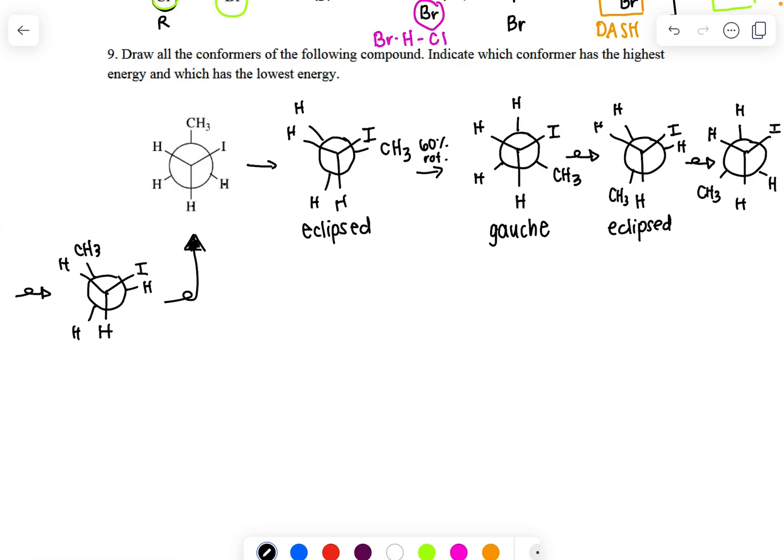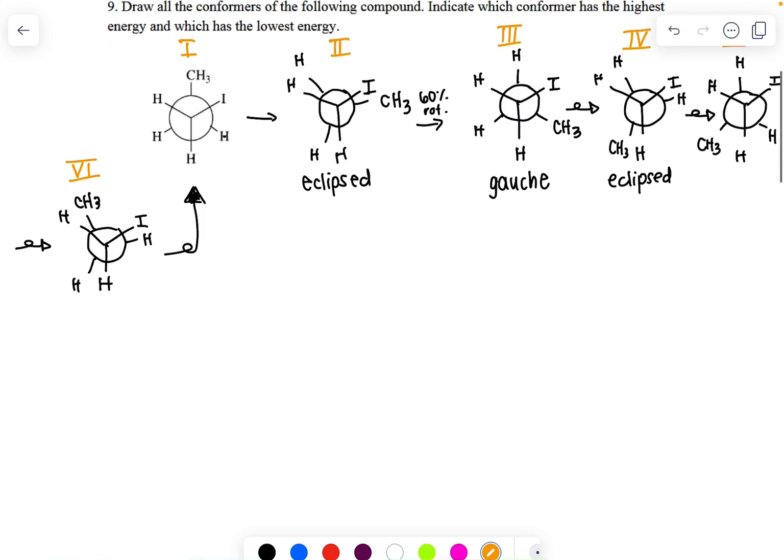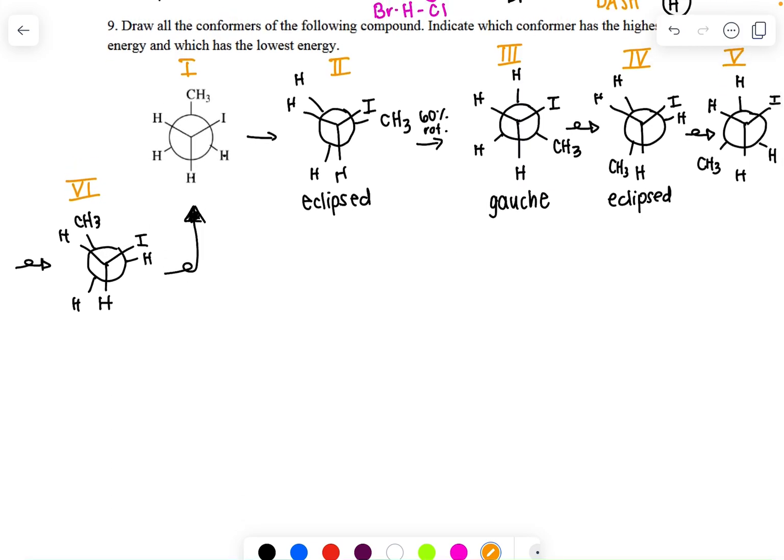So I'm going to give these numbers, and we're going to draw a potential energy diagram. I'm going to call this number 1, number 2, number 3, number 4, number 5, and number 6. I'm going to draw a potential energy diagram here.